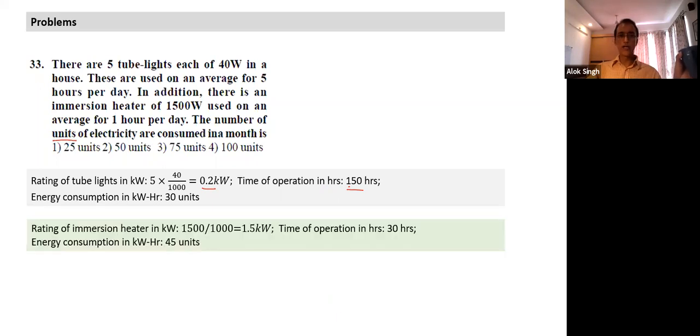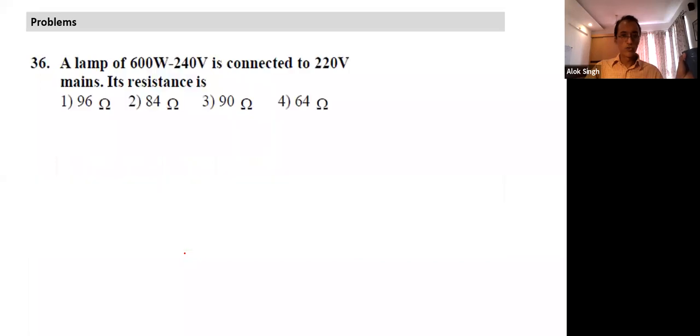Similarly, I'll calculate for the immersion heater. The immersion heater is 1500 watt, which is 1.5 kilowatts. Time of operation is on average 1 hour per day for 30 days, 30 hours. So the energy consumed is 45. So that's easy.